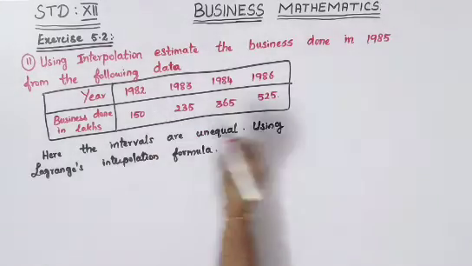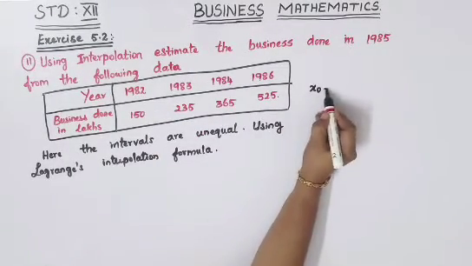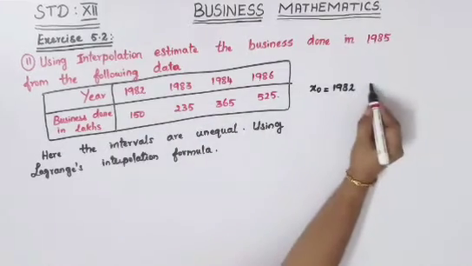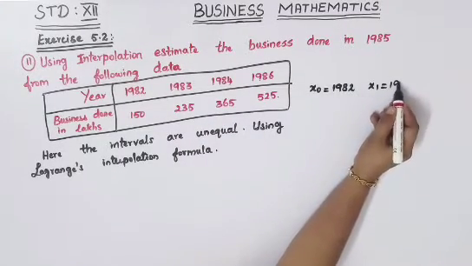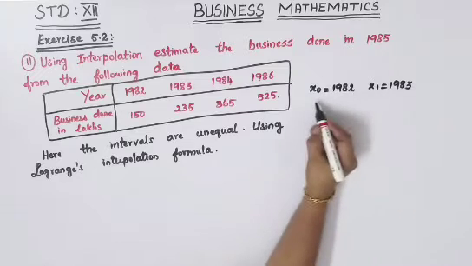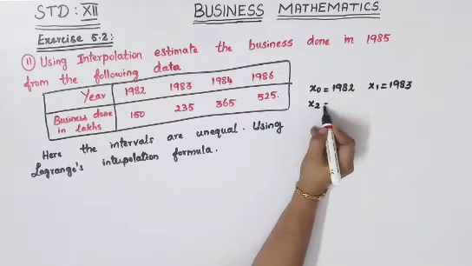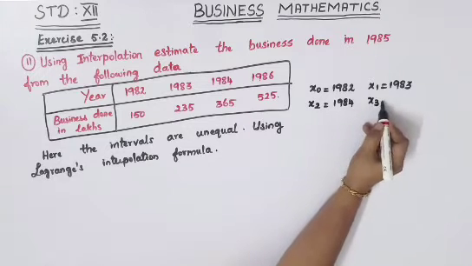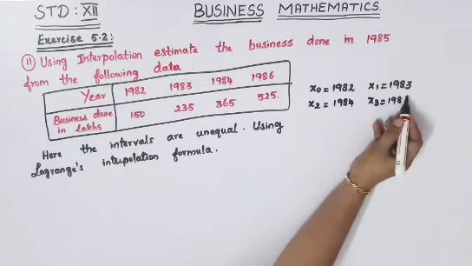So x0 is 1982, that is your first value. Next x1 is 1983. Next x2 is 1984. x3 is 1986.